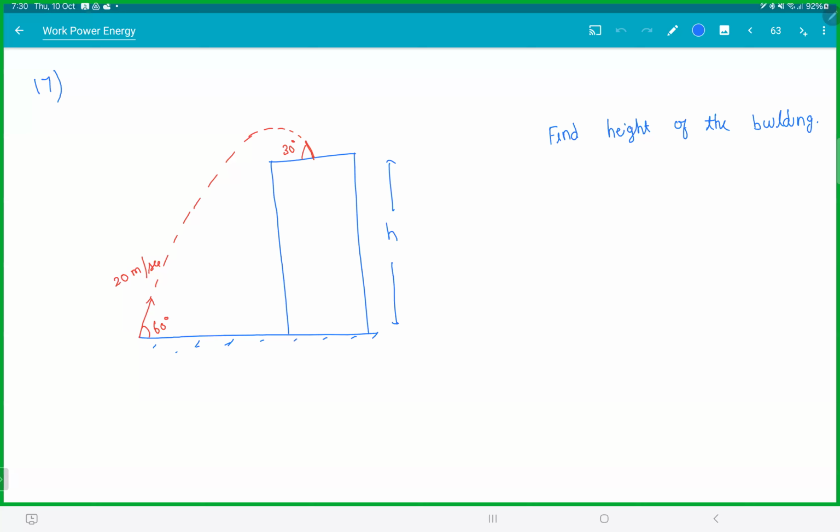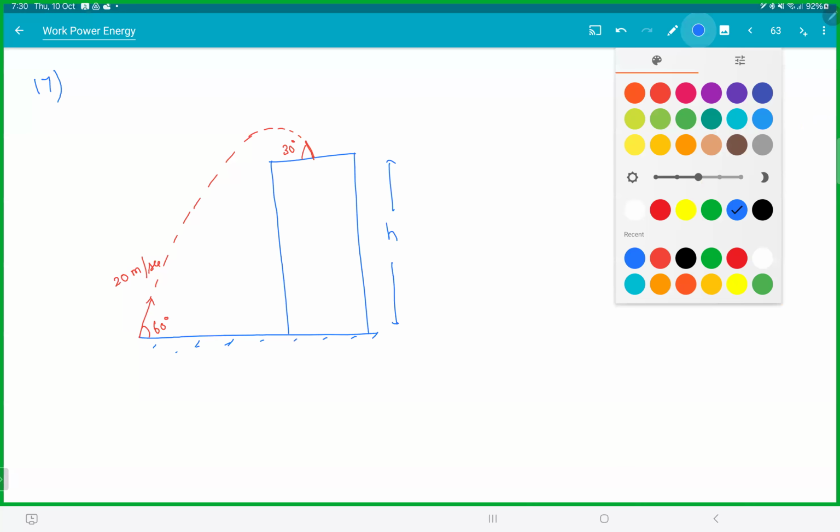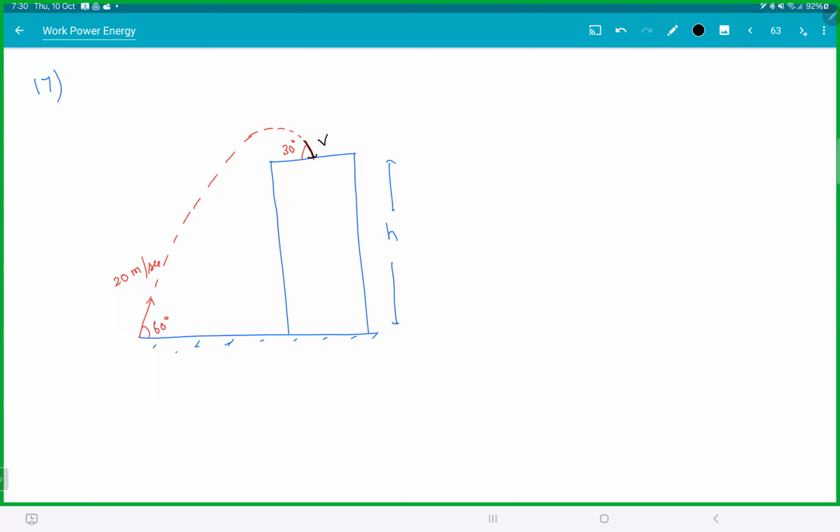I'm combining kinematics with work-energy. So here, let the speed be v. Define your state 1, state 2. Define your reference line. I'll choose the ground as reference. State 1: gravitational potential energy 0, kinetic energy half mv square.